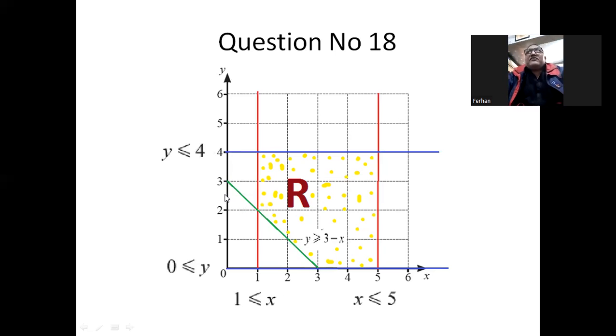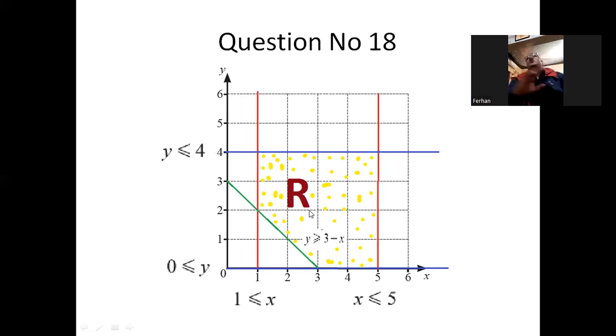I have done the table mentally, and then join these points. This green color line will be formed. Here the crocodile's mouth is towards the y, so you will have to remain above this line because the y is positive. So this is that area which is defined by all these inequalities, and you have to label it as R. So you can see we have labeled it as R.